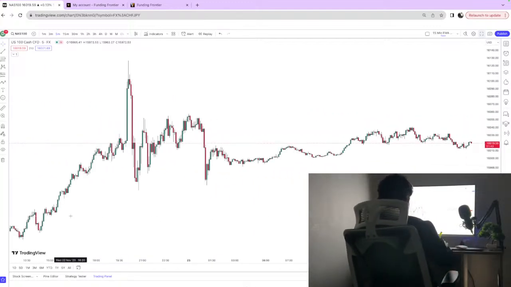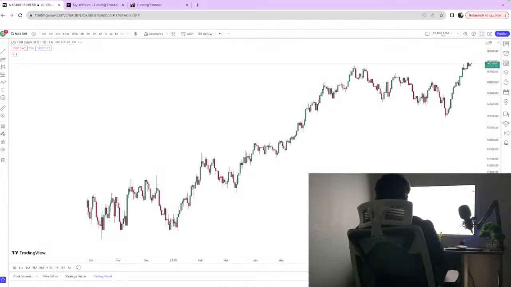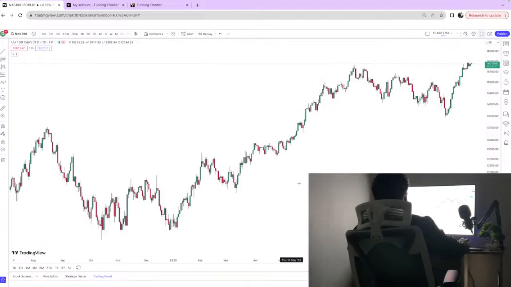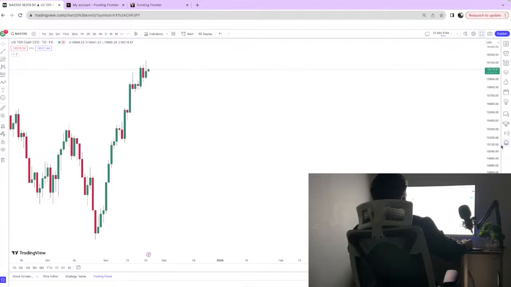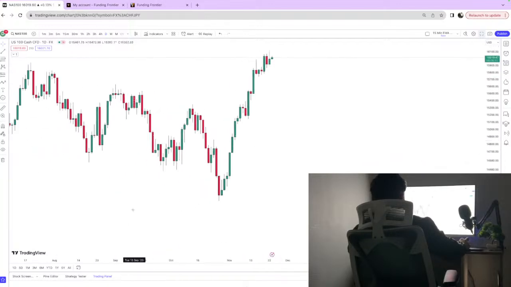As usual, you know how I start interpreting the market. First we'll focus on the 1 day time frame and briefly look at what our bias is. Today also we can see the market is in an uptrend on the daily time frame.